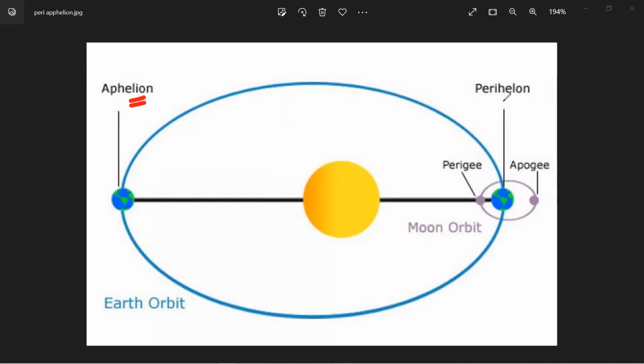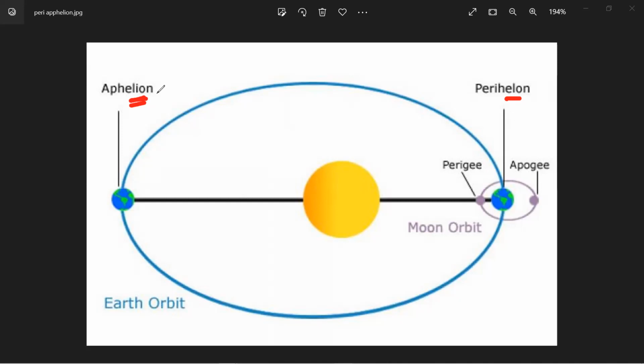Perihelion is the closest distance of any celestial body from the sun. Perigee is the shortest distance of the moon from earth. When helios is there, then it is the sun, and when G is there, it is earth. Are we clear?